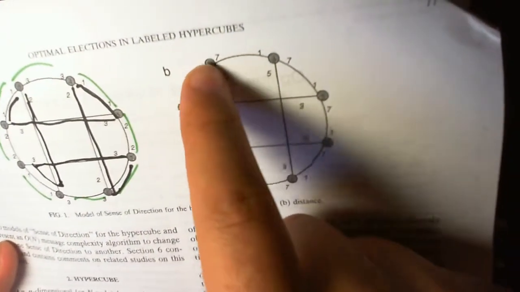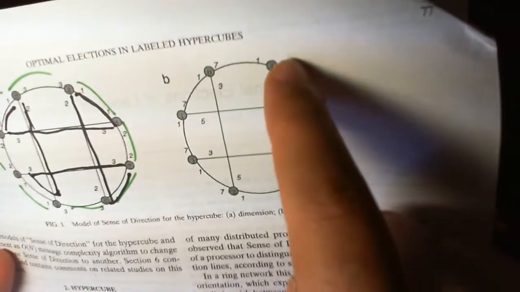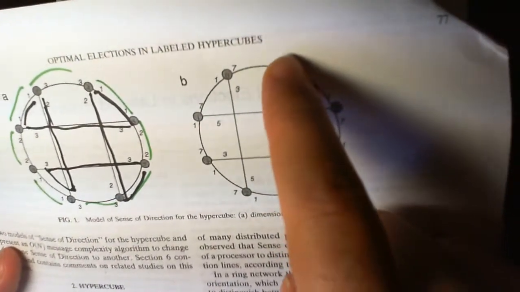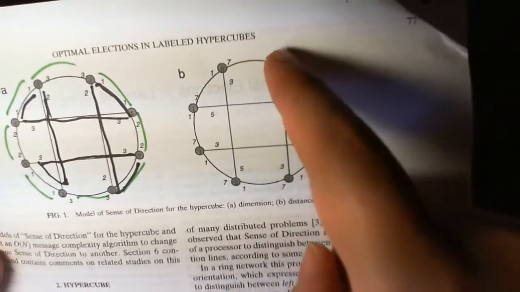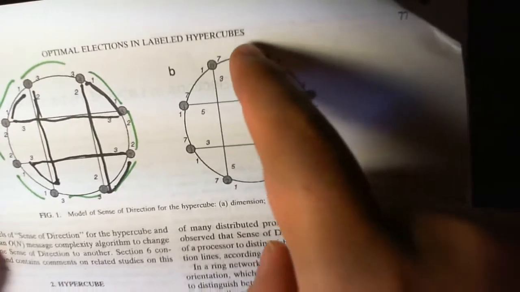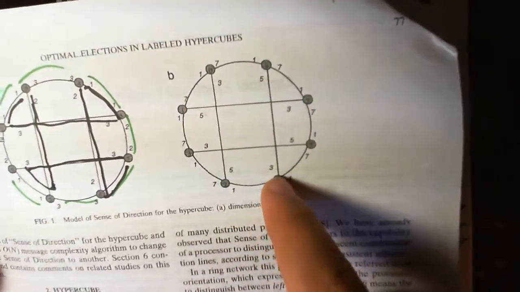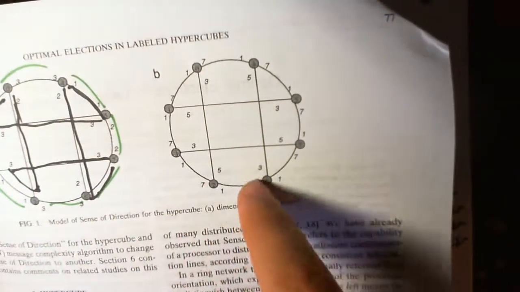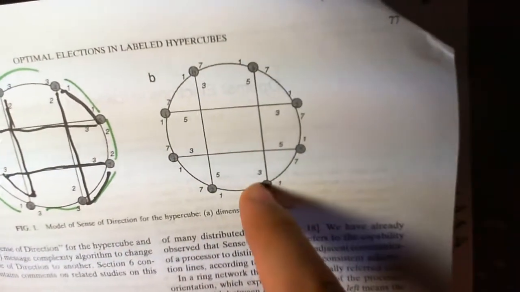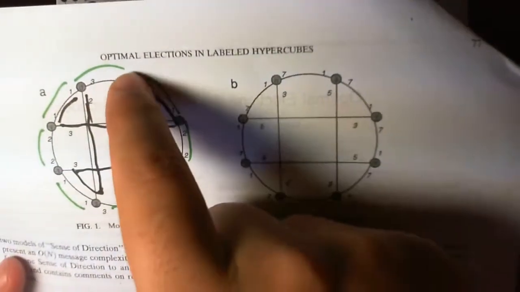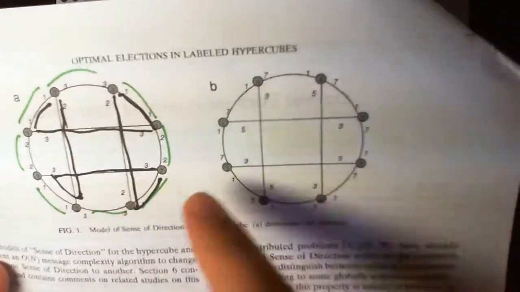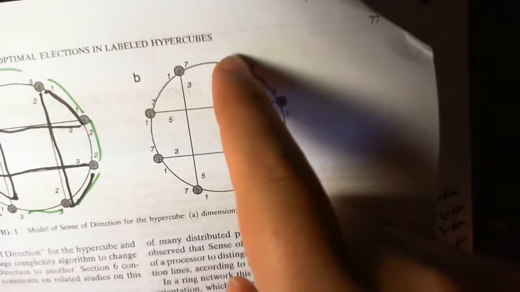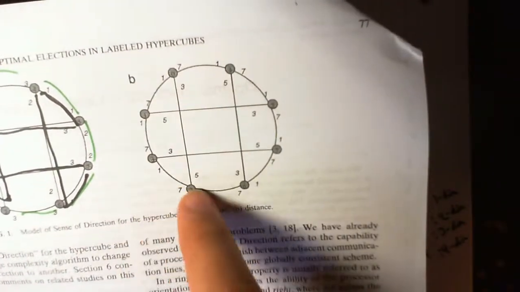This is distance 7, because it has to go all the way around the cycle to get here. And this is distance 5. How does this get to 5? Because you have to go through all of these, since that's what we saved as the Hamiltonian cycle. You can't just cut across. That's what we did before, where we said it's the second dimension, so I know where to go. But here I'm just labeling with the distance on the Hamiltonian cycle that we saved.